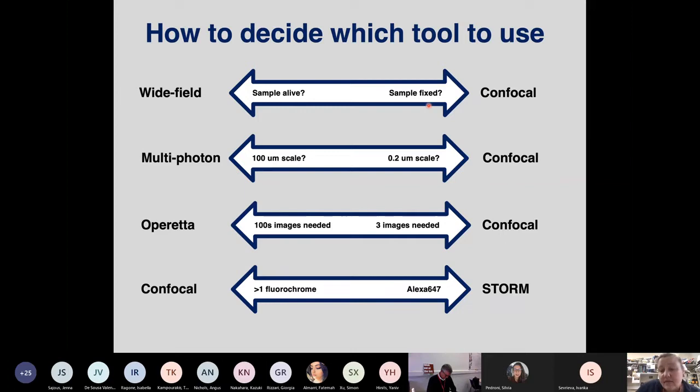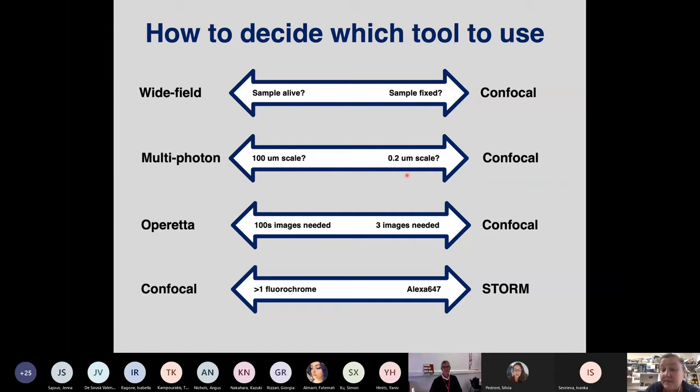The other thing you have to bear in mind is that the confocal microscope is rather slow in its scanning speed. The whole point of looking at living cells is to look at dynamic stuff. And if you're looking at fast events in a conventional confocal, you're not going to be able to visualize that. So you will need a spinning disk confocal.